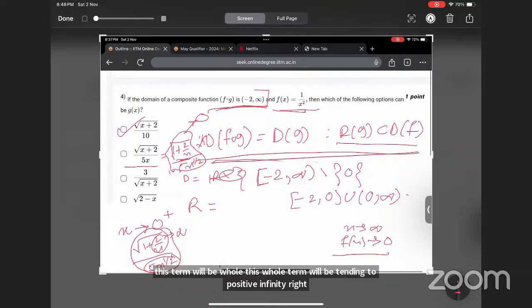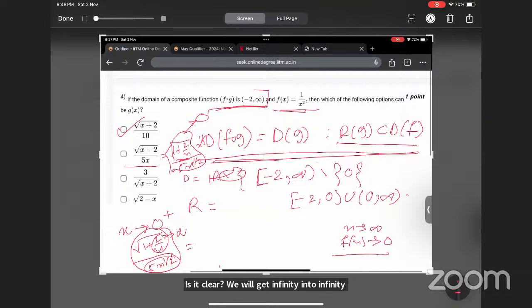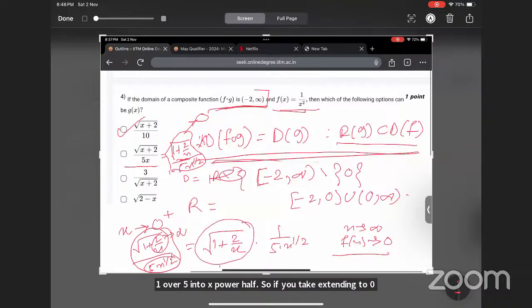We will get infinity into infinity, no? You can write it as root over 1 plus 2 by x into 1 over 5 into x power half. So if we take x tending to 0, then this portion will be infinity, right?